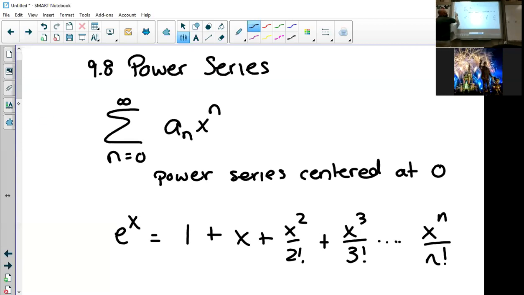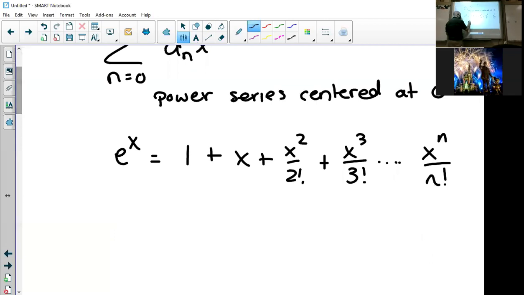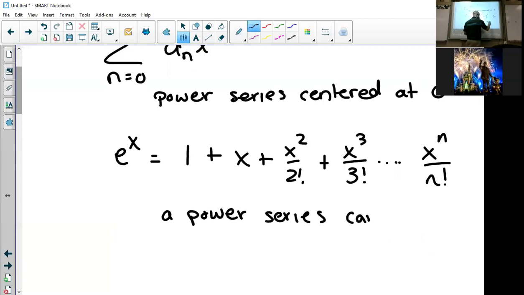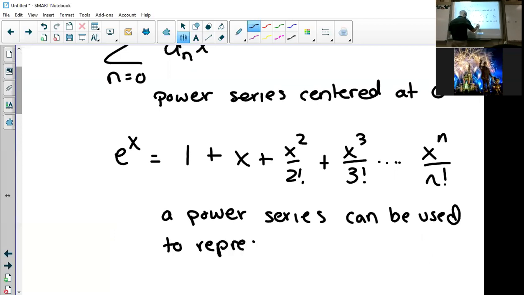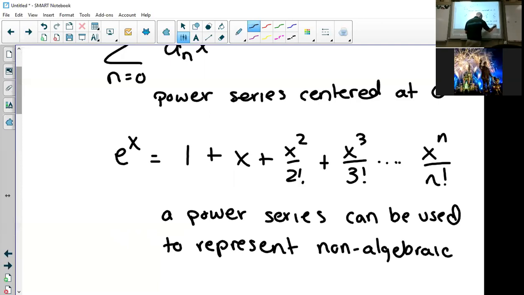And so what we can do is a power series can be used to represent non-algebraic functions.